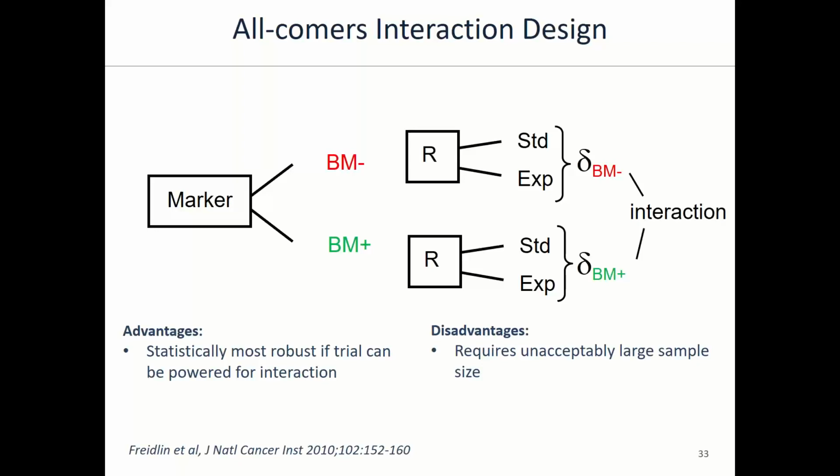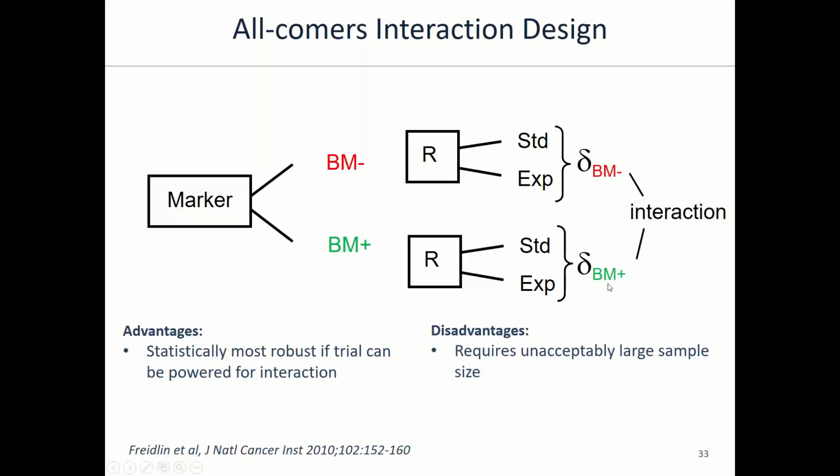One end of the spectrum is an all-comers interaction design, in which during screening the biomarker status is defined, and within the biomarker-negative and biomarker-positive strata, the patients are randomized and get the standard or the experimental treatment.